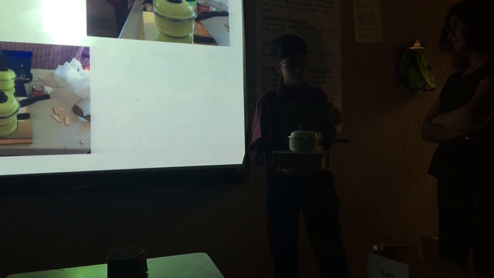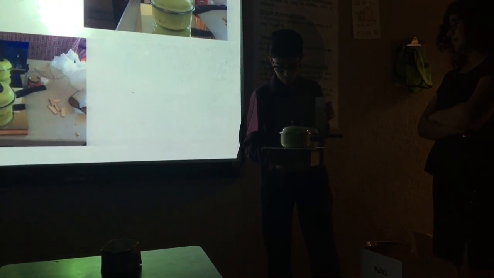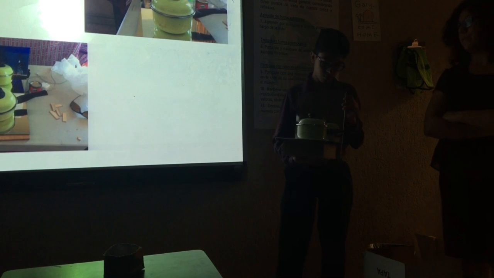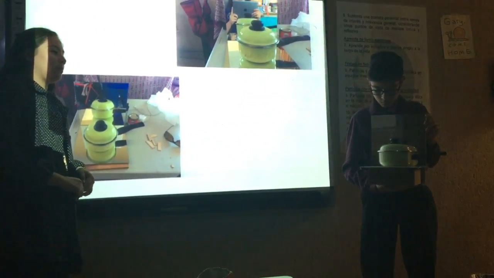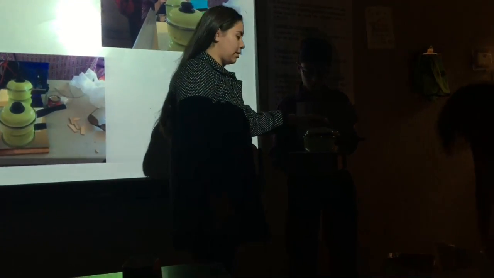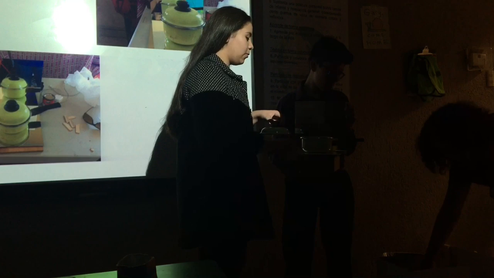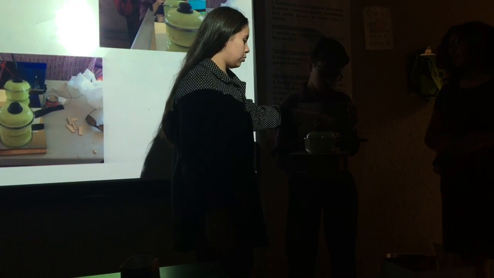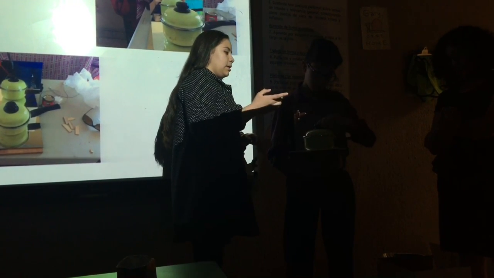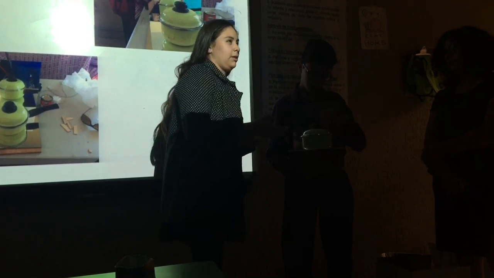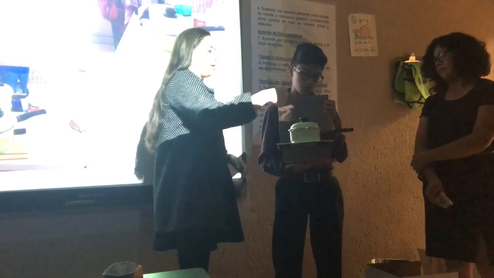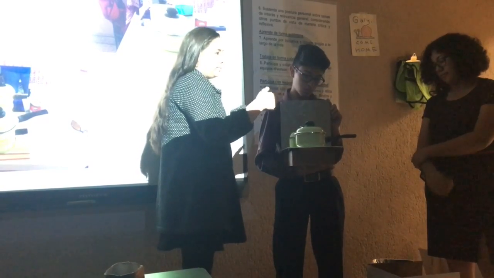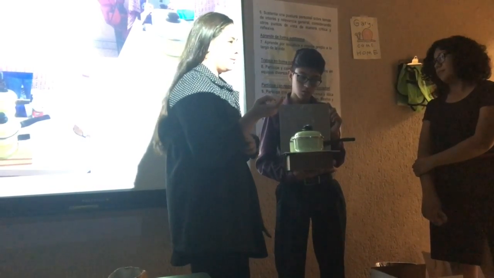Can you explain to us a little bit how it works? When it's placed in a zone that has a lot of sunlight, you place the meal, the food that you're cooking, here.